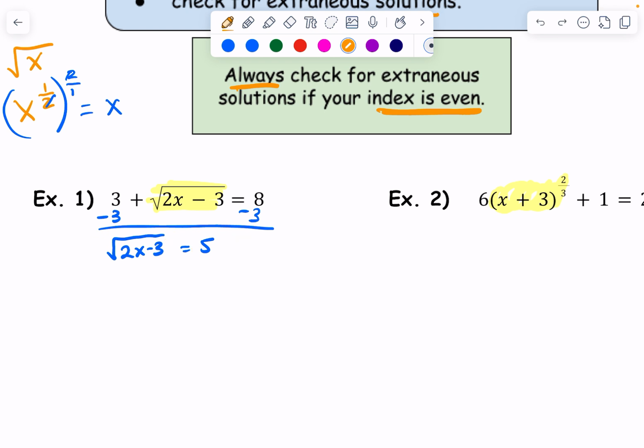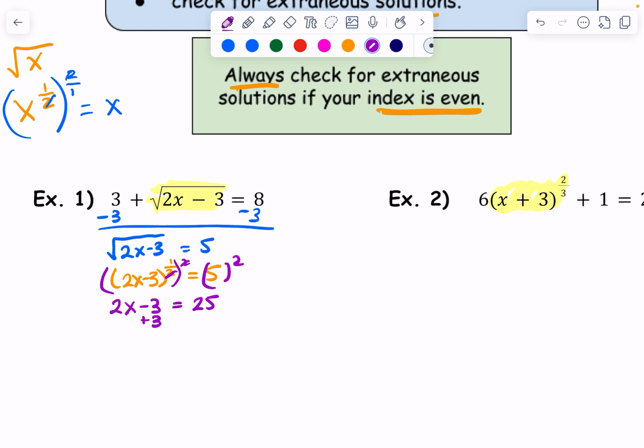But I want you to think about it as 2x minus 3 to the 1/2 power. So that's why when I square both sides, this goes away, and we have 2x minus 3 is equal to 25.